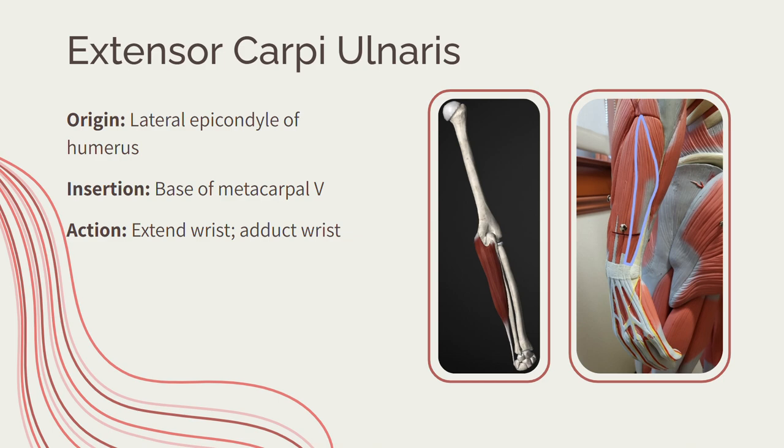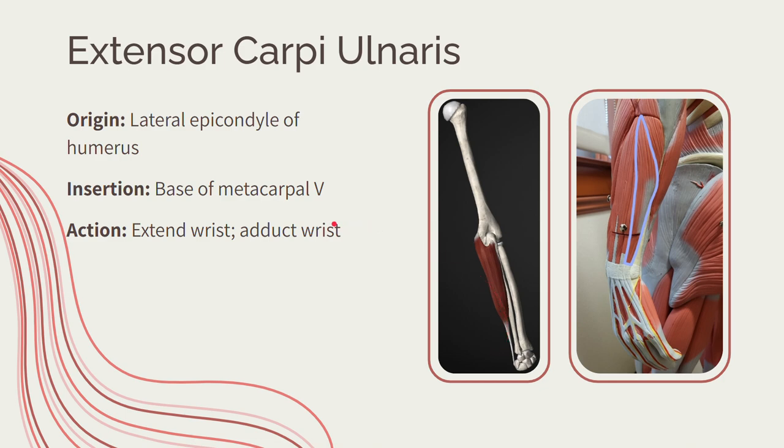That's a good way to go by it, because the flexor muscles, since they are located more medial to your body because of the anterior position, are attached to the medial epicondyle of the humerus. The extensor muscles are more posterior to your body, so they attach to the lateral epicondyle of the humerus. So we can see here that it's attached to the lateral epicondyle of the humerus right there, and that it goes down to the base of metacarpal 5.